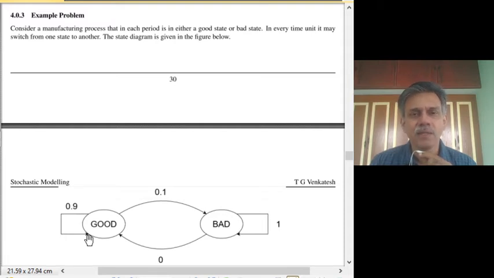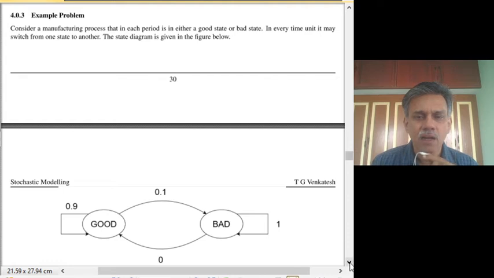Very rarely are defective items produced. Whereas in the bad state, it starts producing defective items very frequently. And for various reasons, the machine may switch between the good state and the bad state. So this is how we are going to model the way the machine behaves.